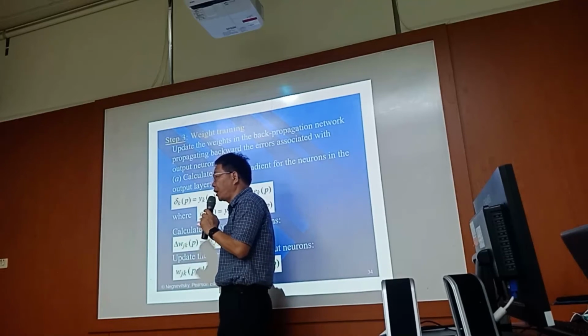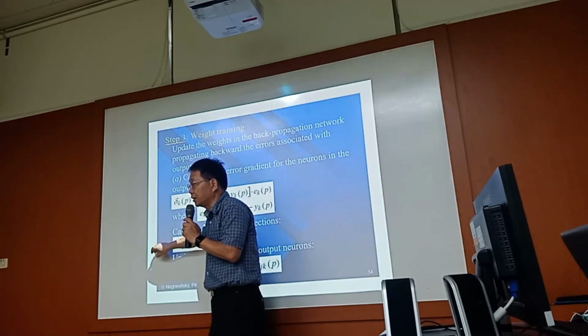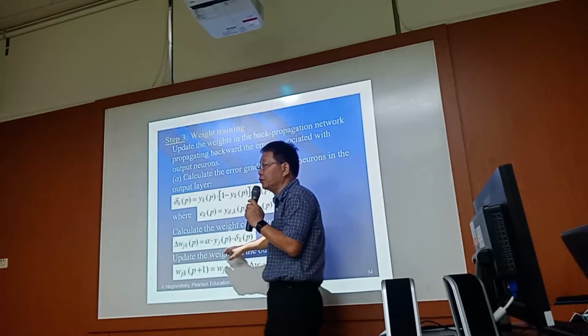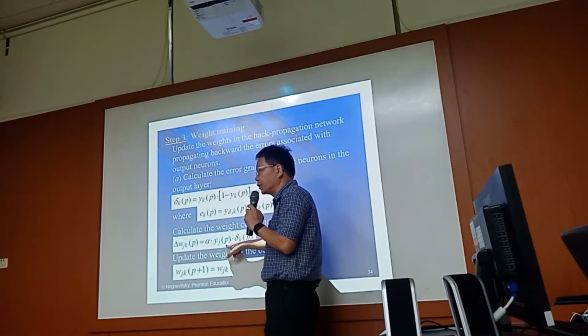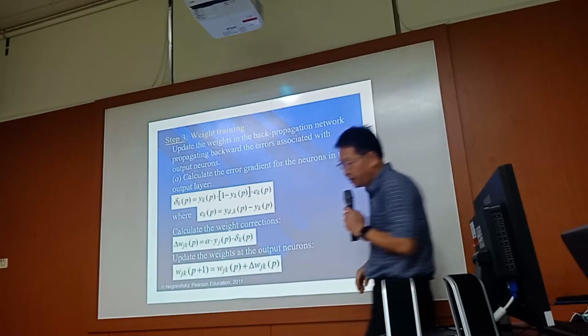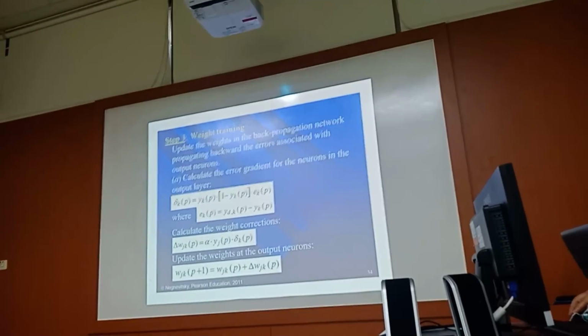J is from the output toward the destination. So this node, the value is not the output node; that is the destination node. Now, for example, like this.